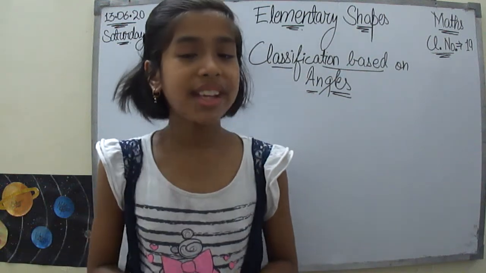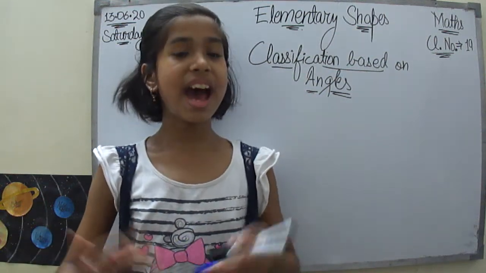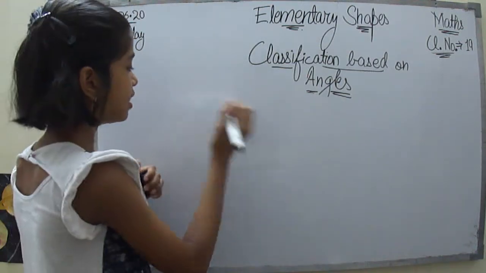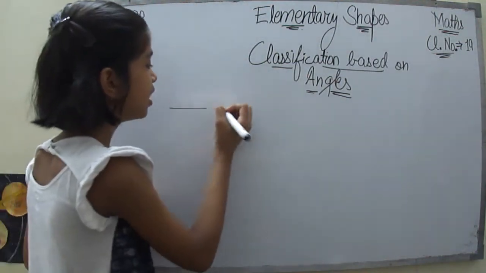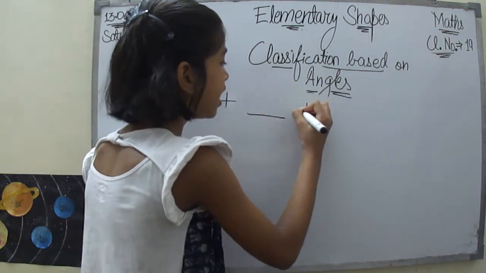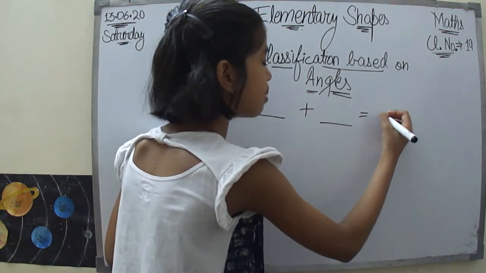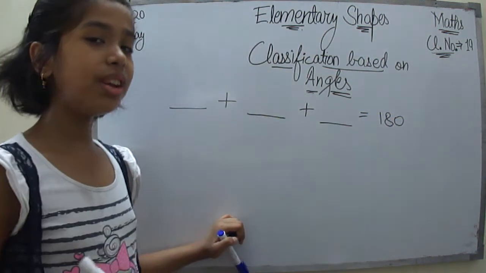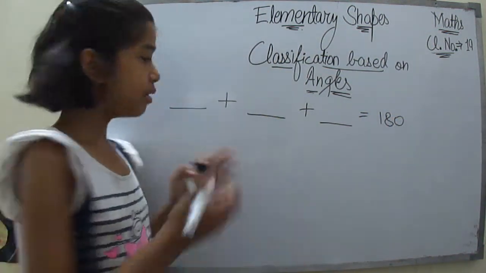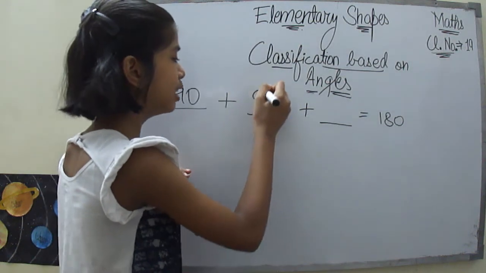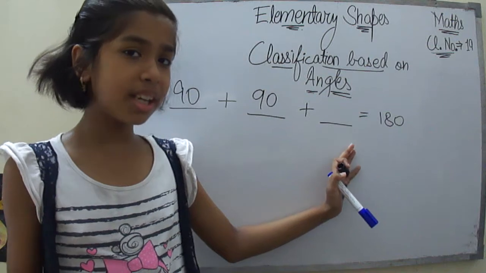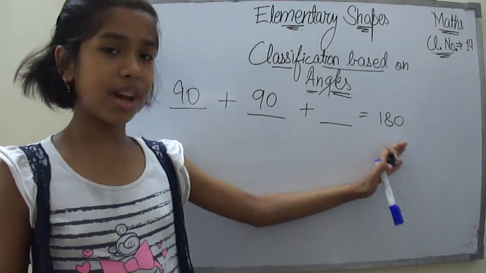So if two of them are 90 degrees, the third one should be 0 degrees, because 90 plus 90 is 180 degrees.